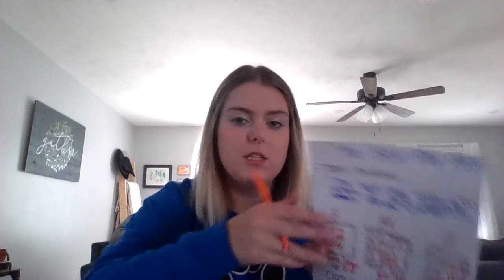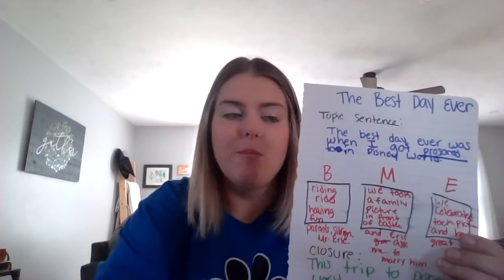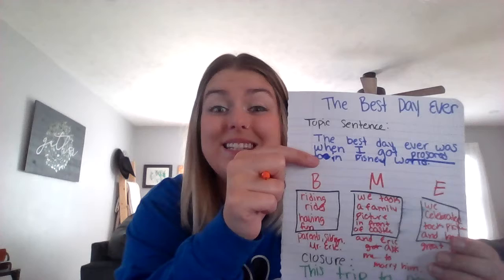Okay? So the first thing on my graphic organizer is my topic sentence. So I'm going to write that down. I know every sentence starts with a capital letter, so I'm going to have a capital T in the.